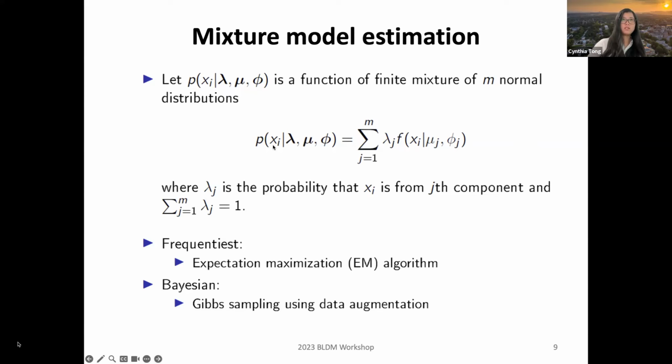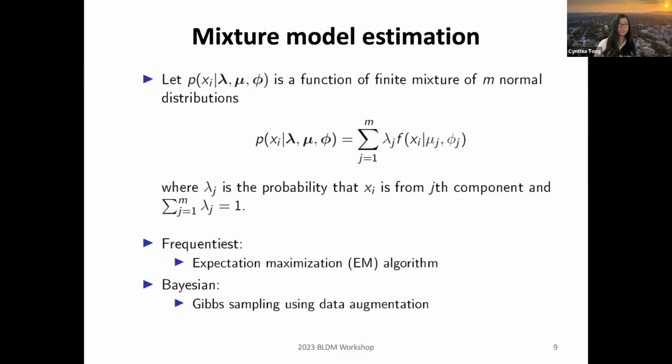So here, this probability P of x conditional on lambda, mu, and phi: lambda is the class probability, the proportion of subjects belonging to different classes, mu is the mean of each class, and phi is the variance of each class, and it's basically just a weighted average of the normal densities.